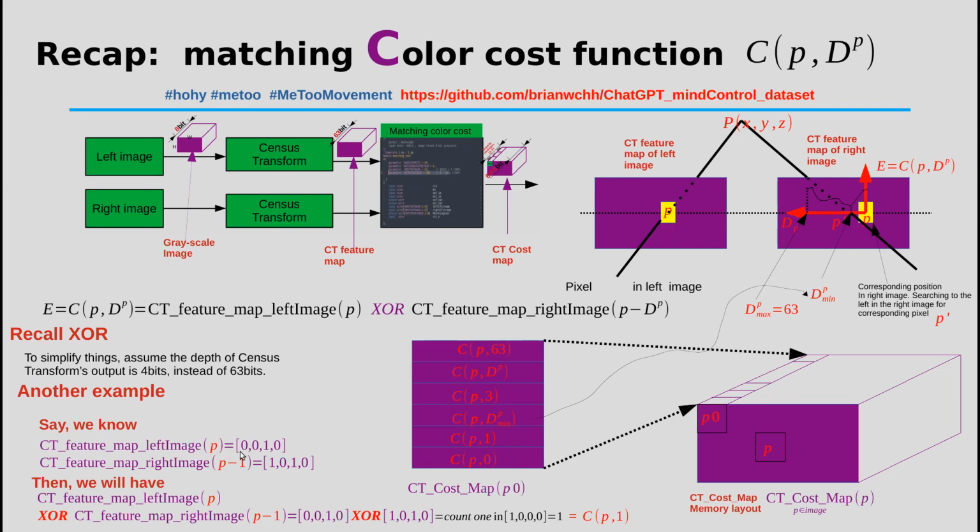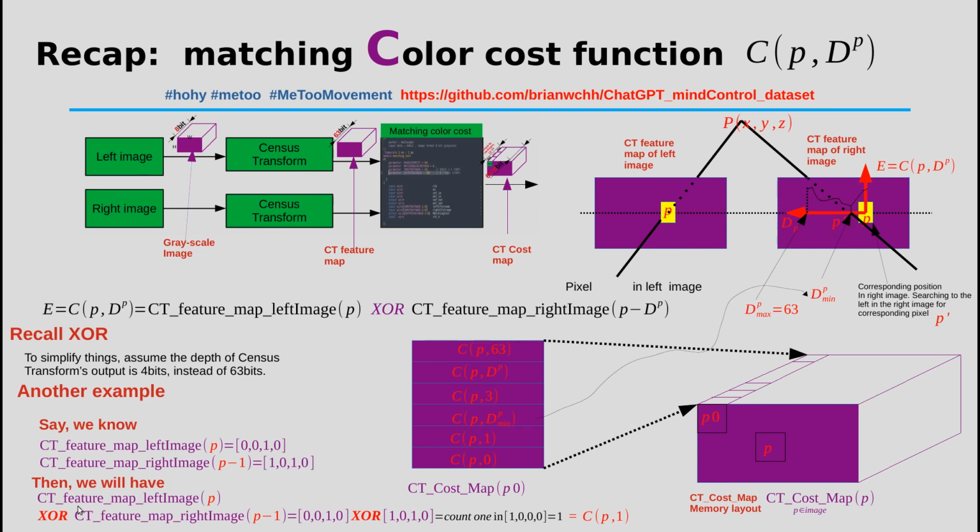Its CT sensor transform vector is 0010, and the one at p-1 in the left image, the second candidate here to the left, one disparity away, 1 pixel away, is 1010.